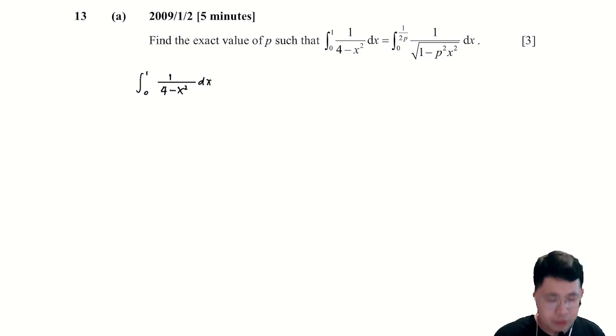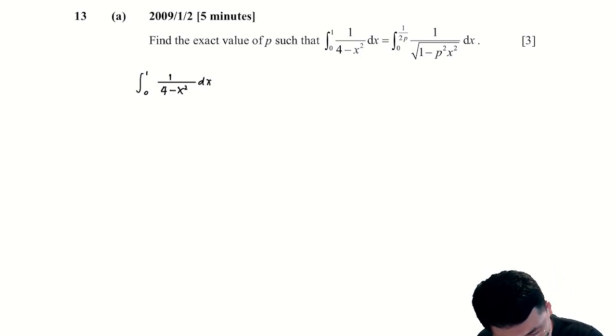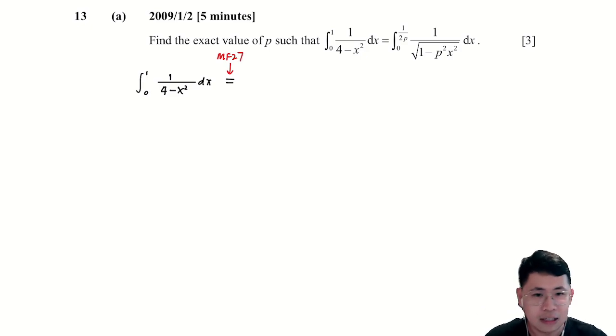So this one, we have to recognize the pattern. This is the a square minus x square formula. If you refer to your MF27, this one is making use of MF27. Let me write this in red. You'll find that it fits the formula for the ln one.